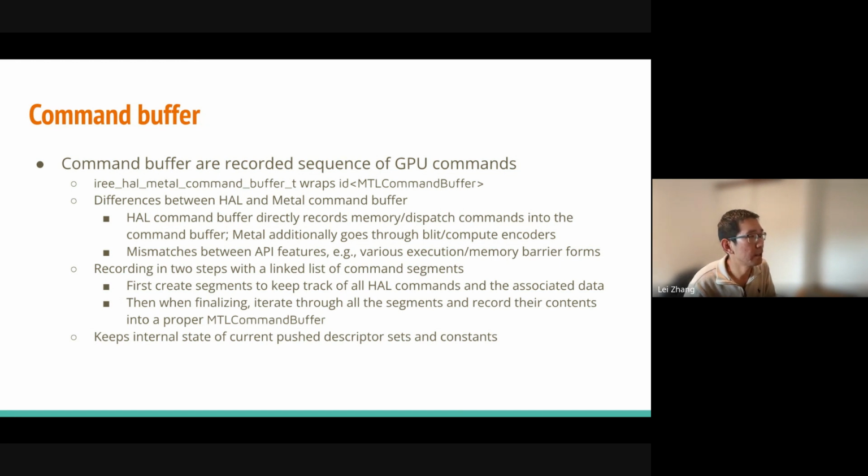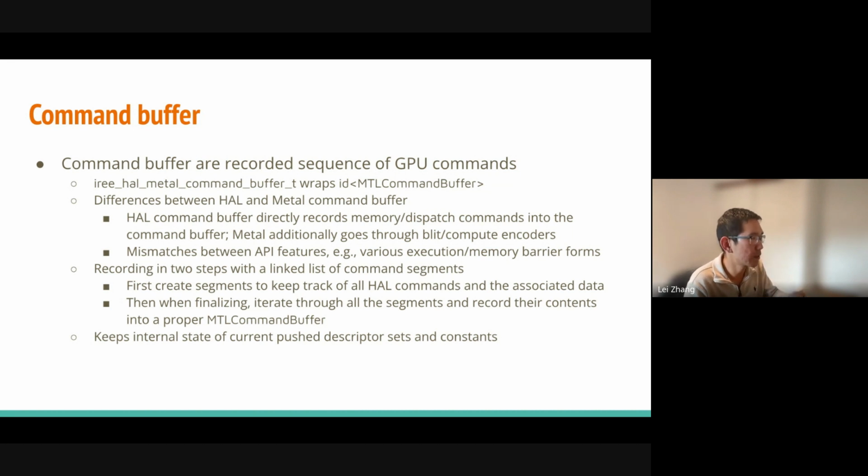So the implementation right now, trying to bridge this gap, is done in two steps in encoding essentially, using a linked list of command segments. Basically, when we call command buffer begin and start recording things, we don't really do recording into the MTL command buffer directly.